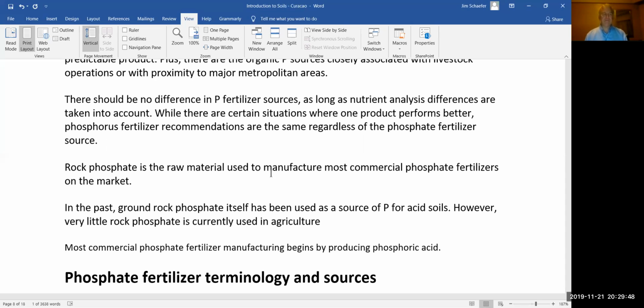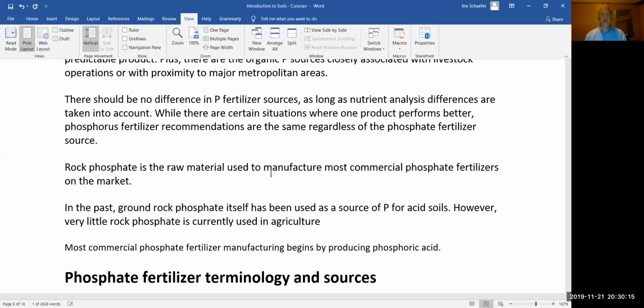For example, in the case of utilizing anhydrous ammonia as your source of nitrogen, when farmers use anhydrous ammonia, it is applied as a gas, and there are a lot of negative side effects to the use of anhydrous ammonia. Let me give you a couple of examples of that.